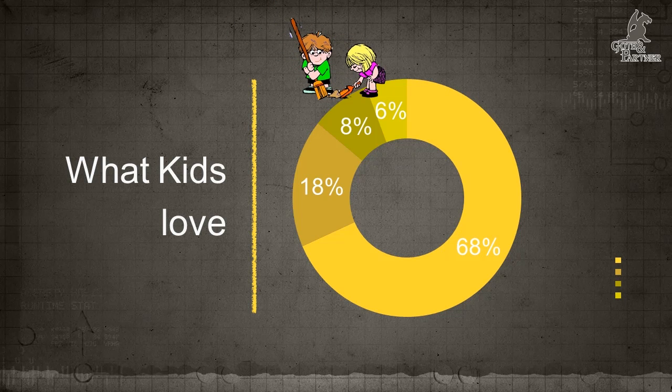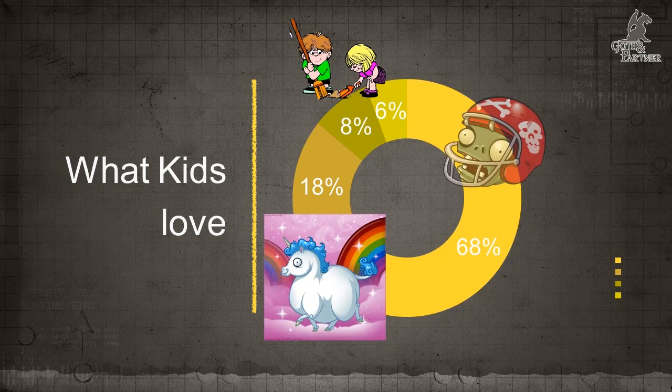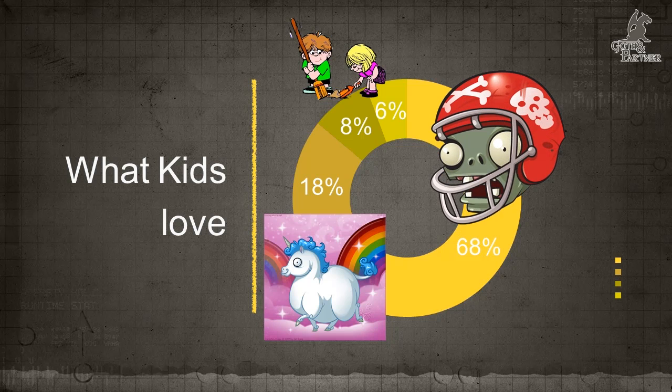Who would have guessed that? Then again, roundabout 18% are fully into unicorns, so that's an interesting approach for sure. But then it hit us when we saw that about 70% of today's kids are into zombies. So this was the key indicator for the upcoming rebrand and marketing campaign.